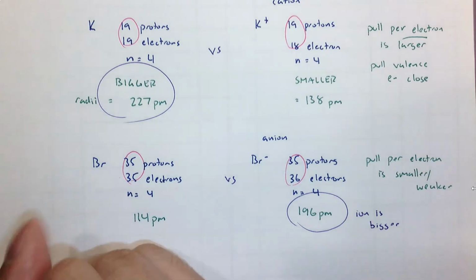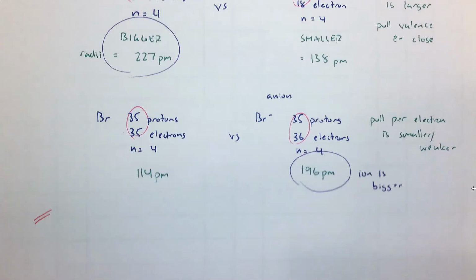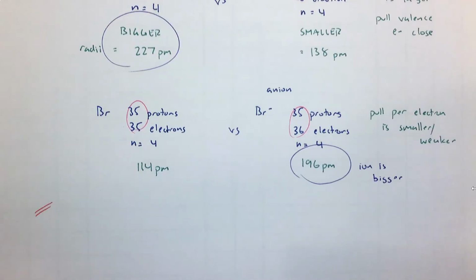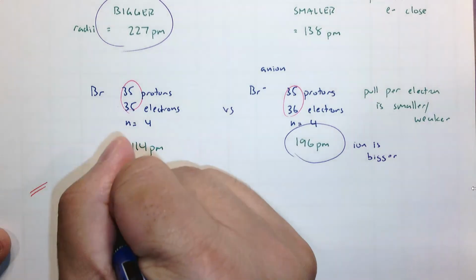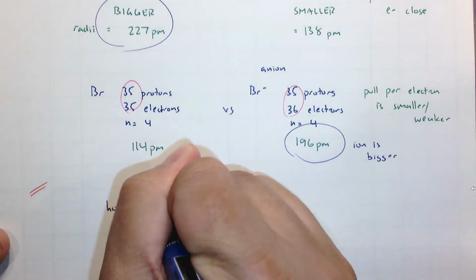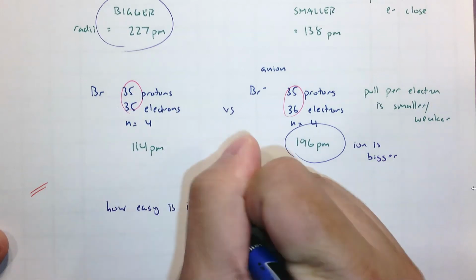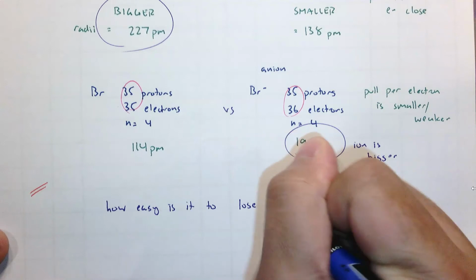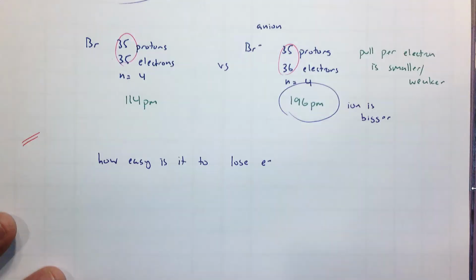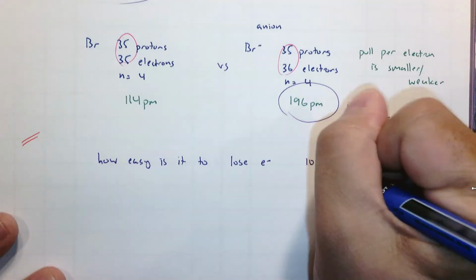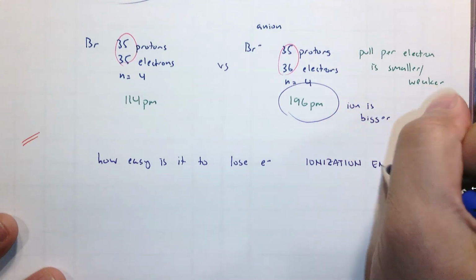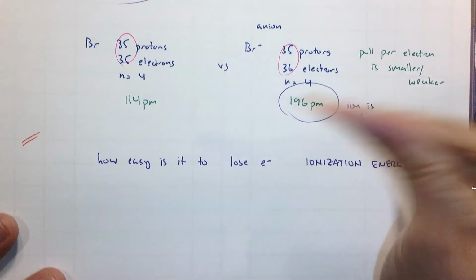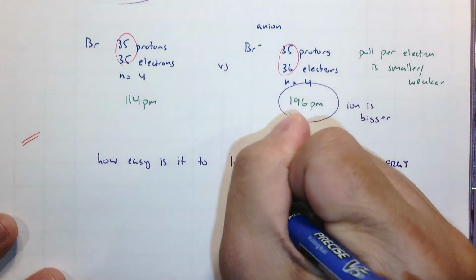All right, that is atomic radii and ionic radii. The next two trends in later videos, and these are the last two trends, is how easy is it to lose an electron, and that is called ionization energy, or we're going to measure the ionization energy, or to gain an electron.